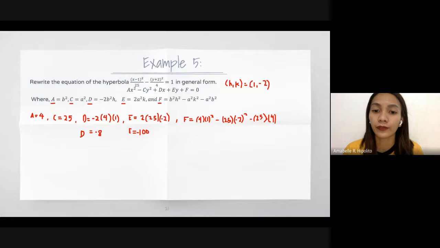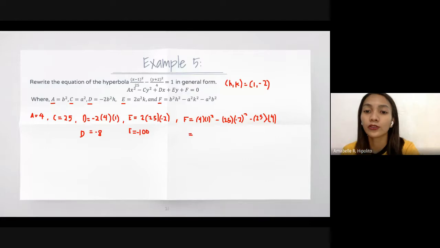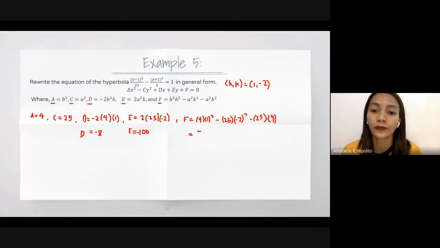Let's simplify. 1 squared is 1, so 4 times 1 is 4, minus 25 times negative 2 squared, which is positive 4, so 25 times 4 is 100, minus 25 times 4, which is also 100.